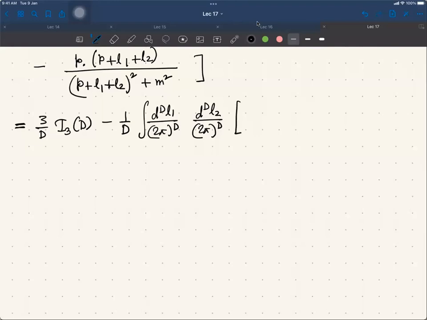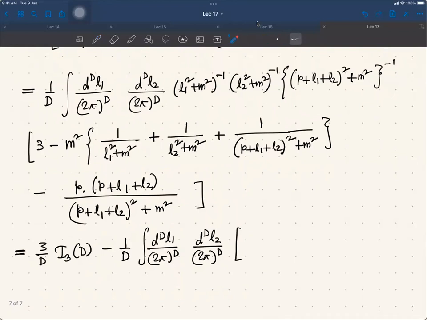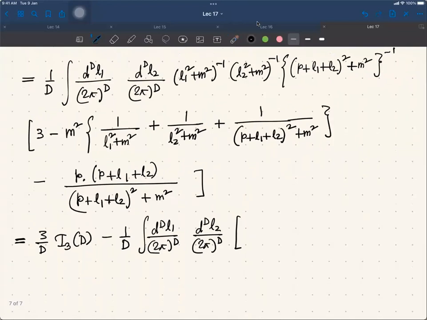Then here I again multiply this factor with this individual factor and write 3 terms. So there will be a total of 4 terms, but the last term is P dot something, but these ones are this factor multiplied by this individual factor. So that will be like going back to the previous form, and there's a reason for that.